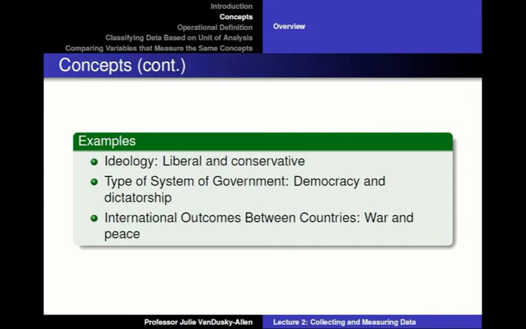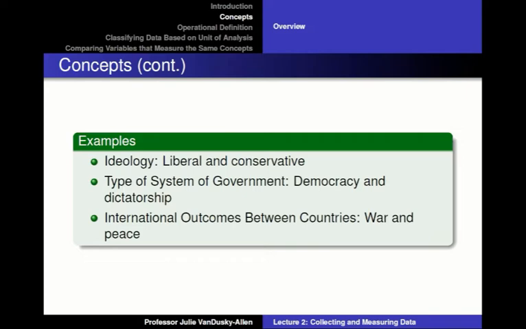Another example is the difference between democracies and dictatorships. Typically, we define democracies as countries where officials are elected through free, fair, and regular elections, while in dictatorships, leaders are selected through other means, such as through force, military advancement, or through the single ruling party in the country.